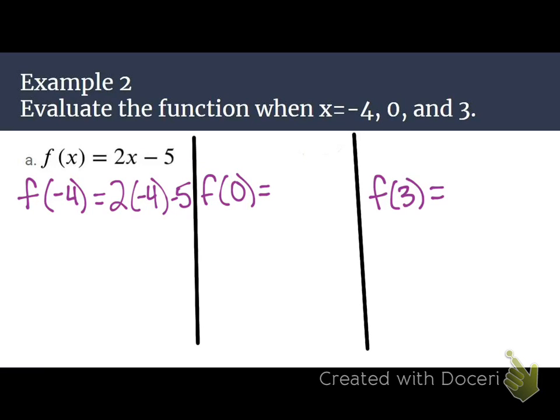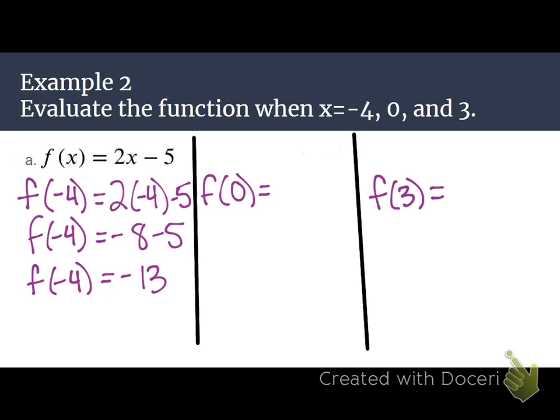On 2a for negative 4, when we plugged that in, what did we get when we took 2 times negative 4? Negative 8 minus 5. And negative 8 minus 5 is? Negative 13. Next up, what are we plugging in? 0. So we replace our x with a 0.